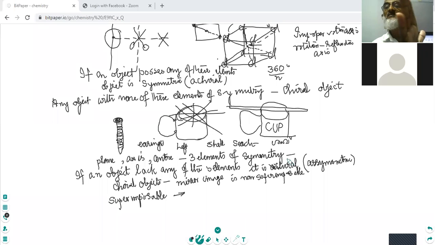No. One second, let me see whether I can. Are you seeing the image? Now you can see the image. Now let me show you the image like this. See the image in the mirror.